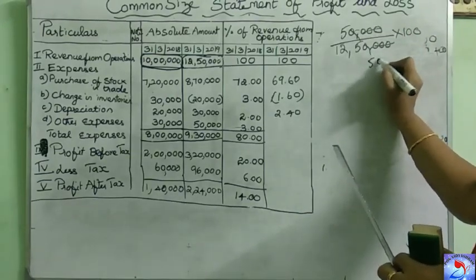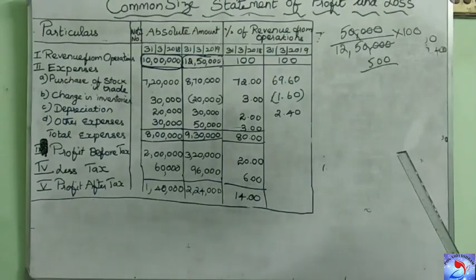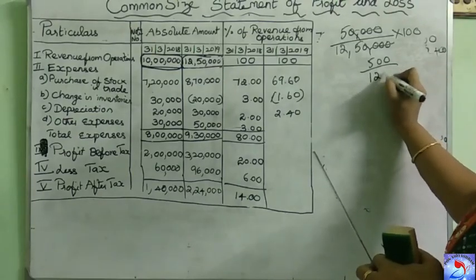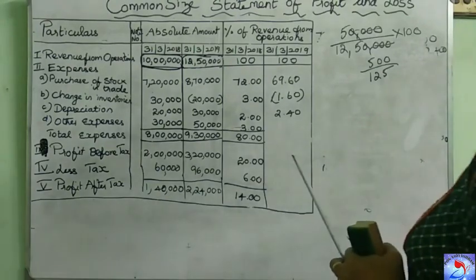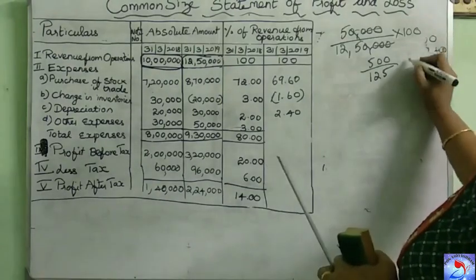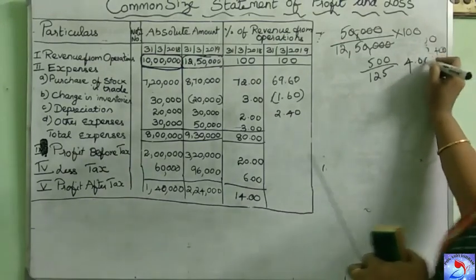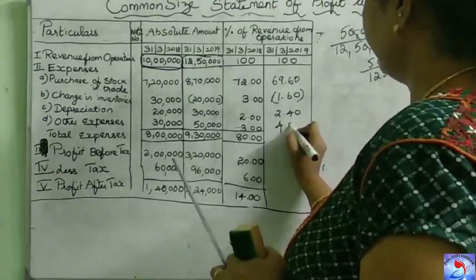So 500 divided by 125, you will be getting 4. So it is 4.